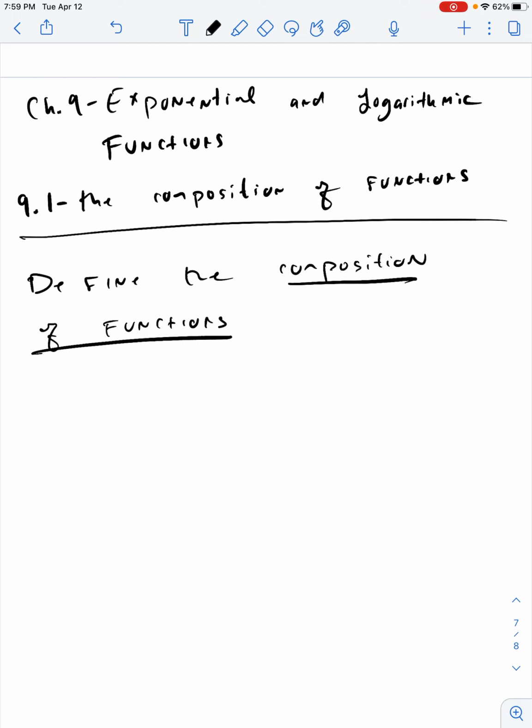So, let's say we have two functions, f of x and g of x.